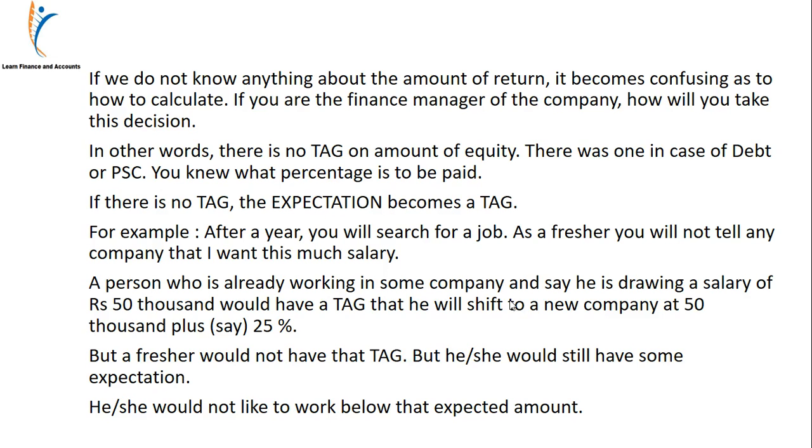I will spend this much money on going to office, on food, on rent. So he does the calculation, and he comes at a figure: minimum I should get this, then only I will be able to join the company. So this is the expectation. So in the case of equity also, what is cost of equity? It is calculated as per expectation.